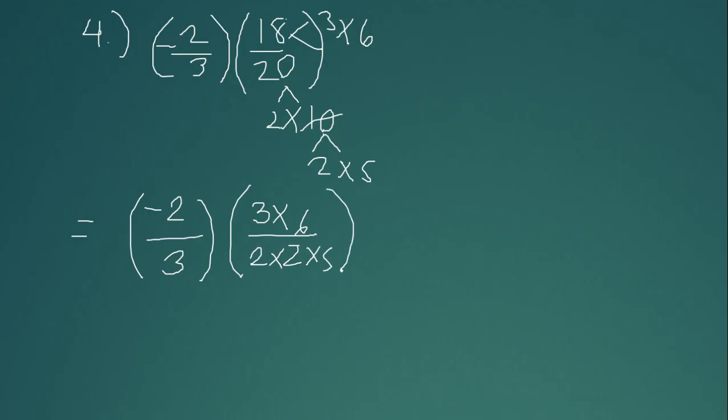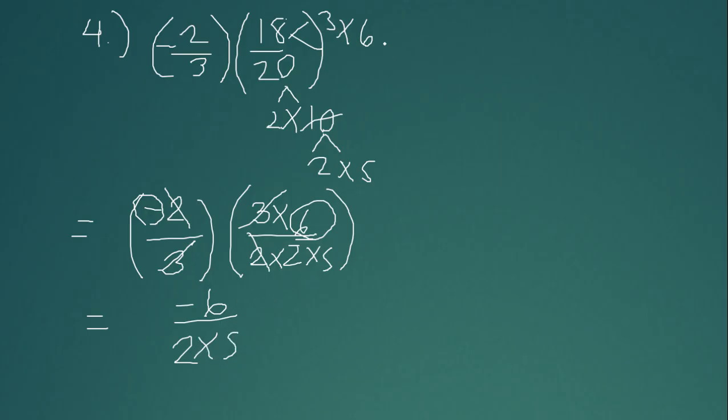So, this is another form of cancellation method. Cancel 3, cancel 2, cancel 2. So ang remaining na nasa taas ay negative 6, and we have 2 times 5.